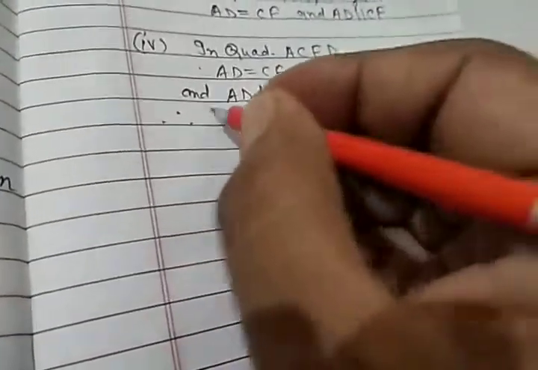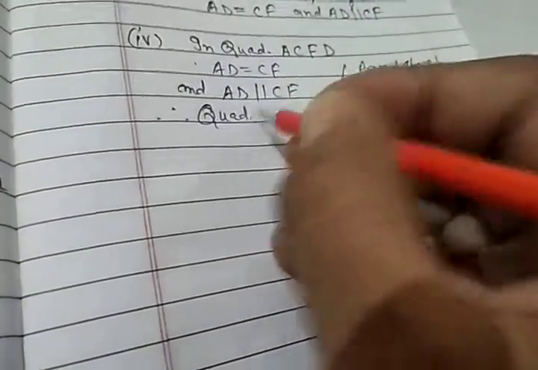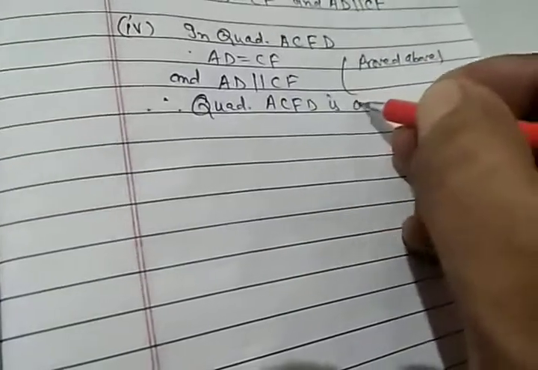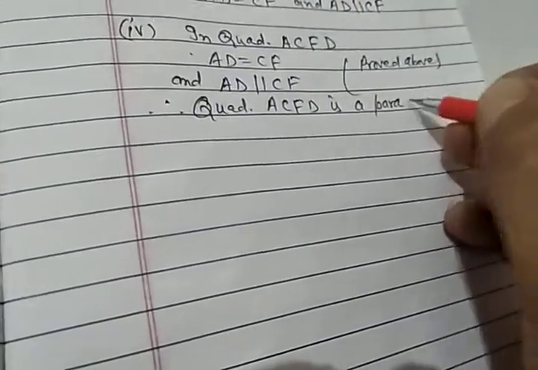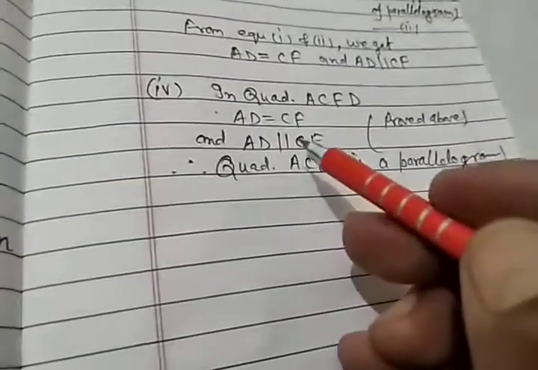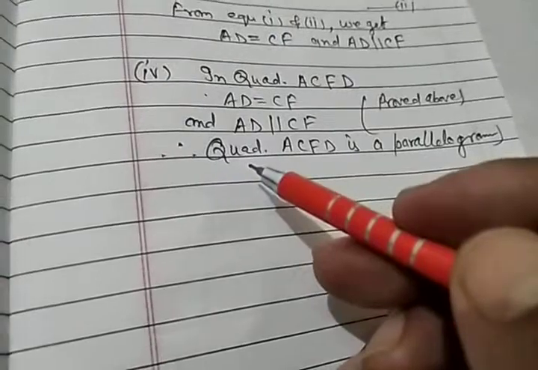Therefore quadrilateral ACFD is a parallelogram because one pair of opposite sides is equal and parallel.